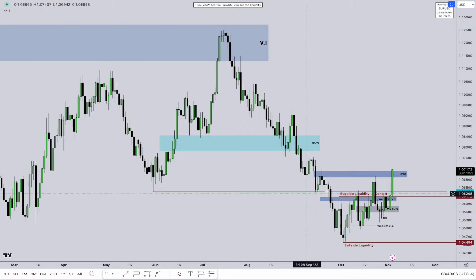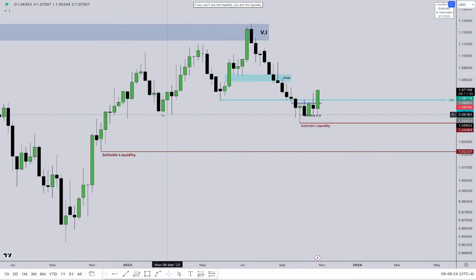From the weekly chart, these lows, I was targeting them. You can refer to my weekly reviews on my YouTube channel. You can see how I've mentioned that the run below this low creates a bearish breaker, and we're likely to see even lower prices.